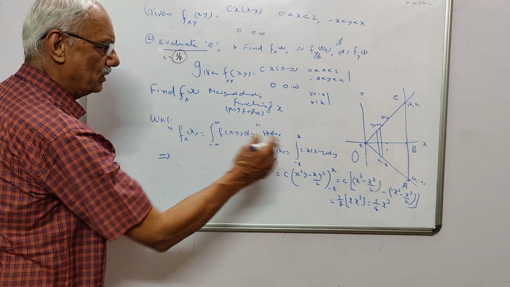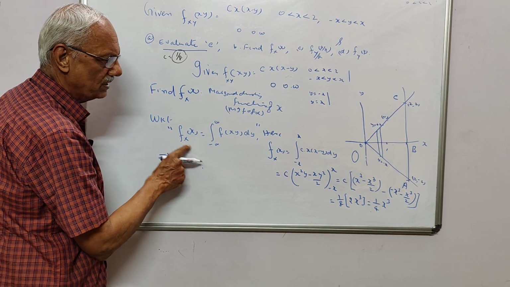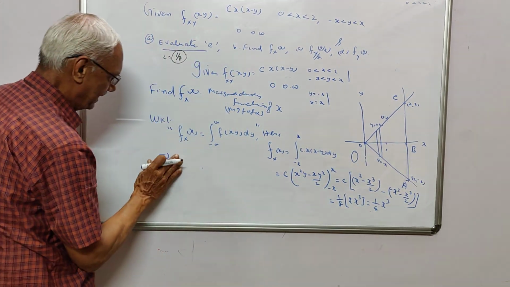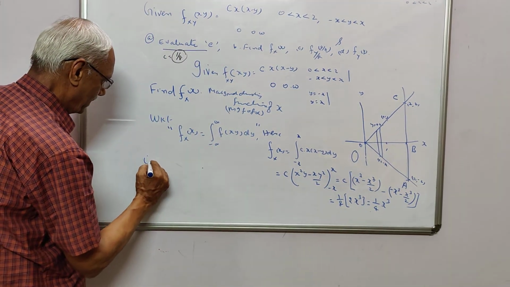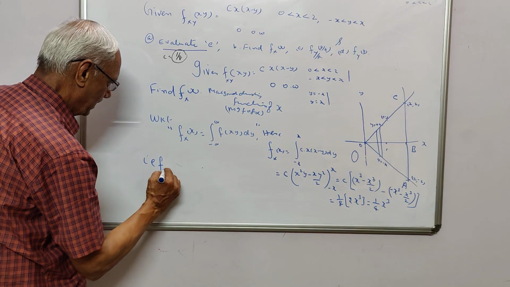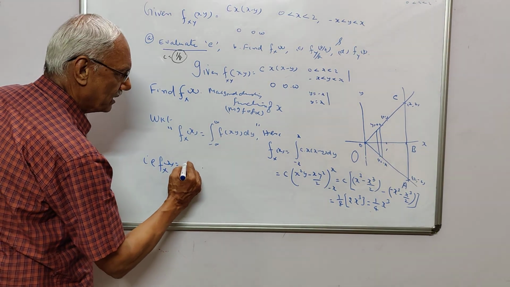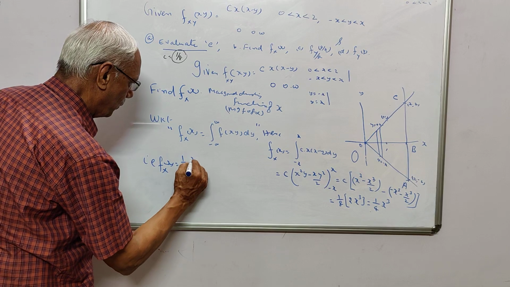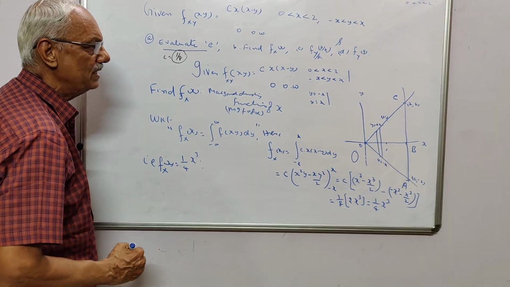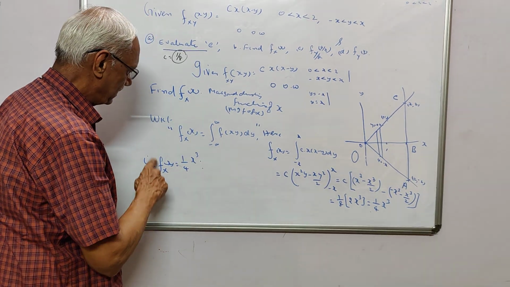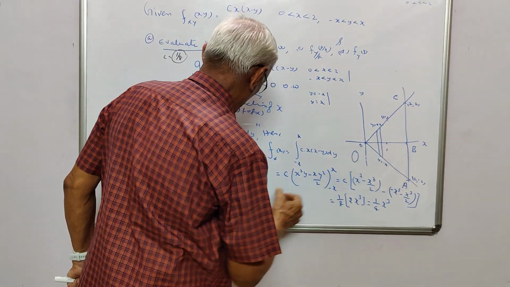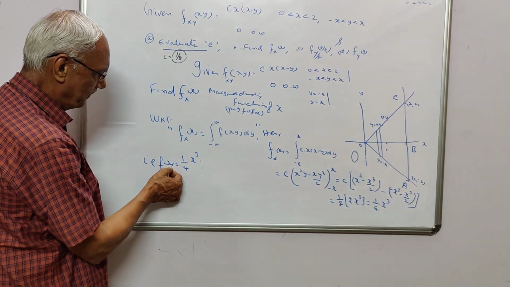So you see that I am able to get the value of this marginal density function as this. That is, fx of x is equal to 1 by 4 of x cubed in which interval? Now you see that you have to fix the limit for x.